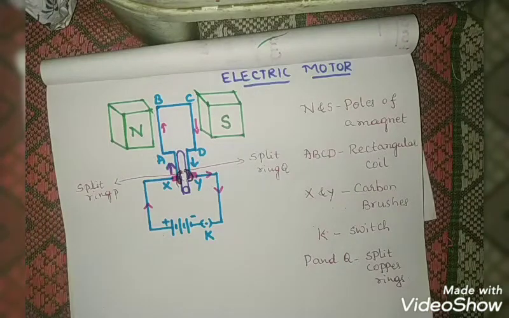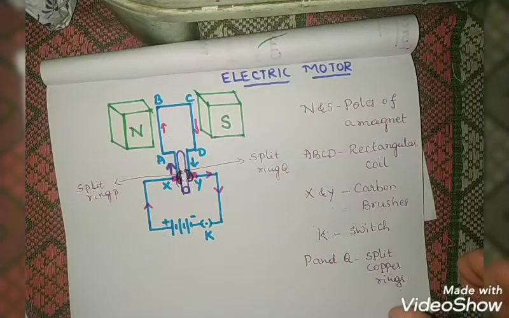Children, what made the fan spin? It is because, as I told you, there is a device called a motor. What is a motor? A motor is a device which converts electrical energy into mechanical energy.